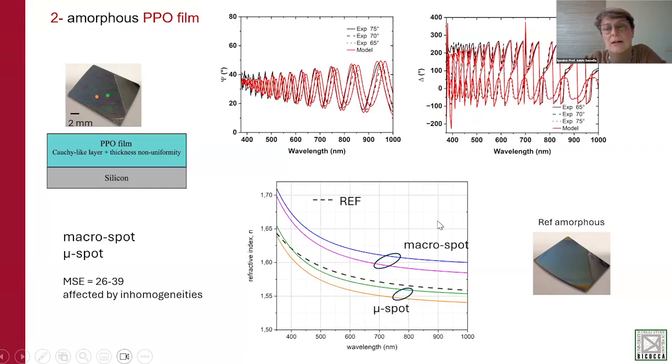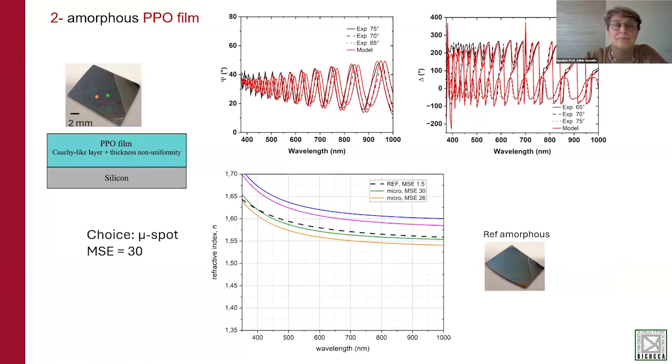We discarded the macroscopic measurements, and among the different spots, actually even more than two, we selected the one which, upon regression of the data using the same model, gave something closer to the reference amorphous film, which we measured and analyzed in the same way. That reference is the amorphous PPO film synthesized with the standard process.